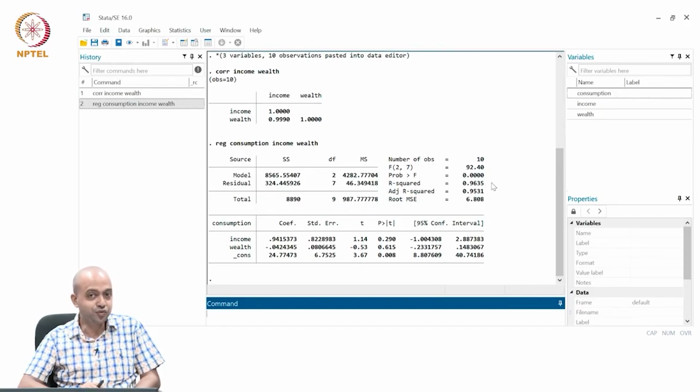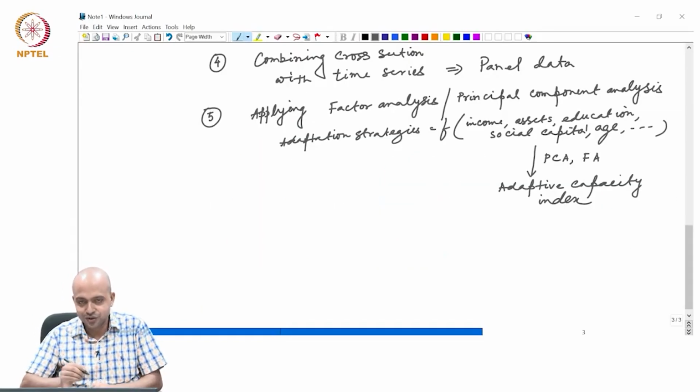Individual t statistics will mislead you in the presence of multicollinearity, because these t statistics are not the actual ones, they are artificial t statistics as a result of the variance inflating factor. That means the standard error got inflated in the presence of multicollinearity, and as a result of which this T1 and T2 have become insignificant.